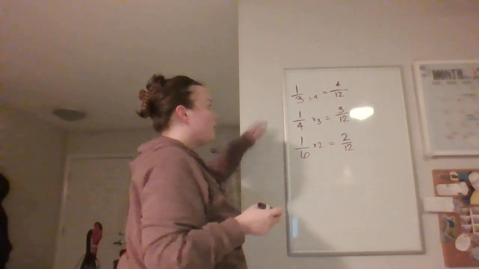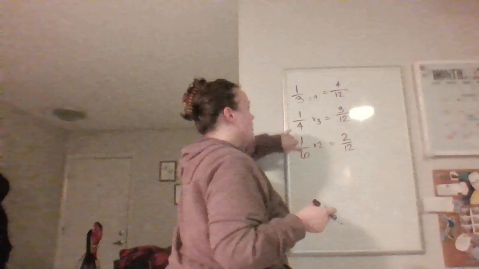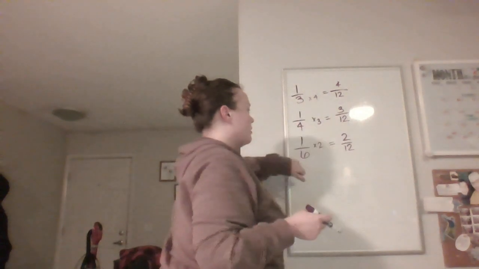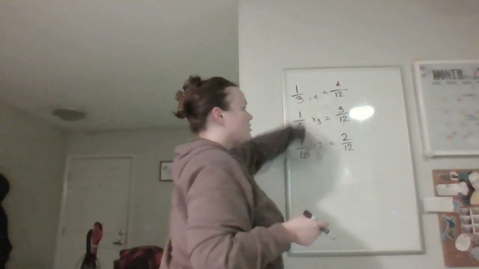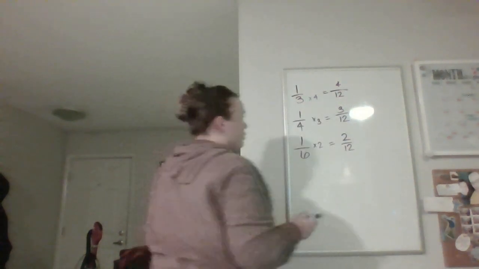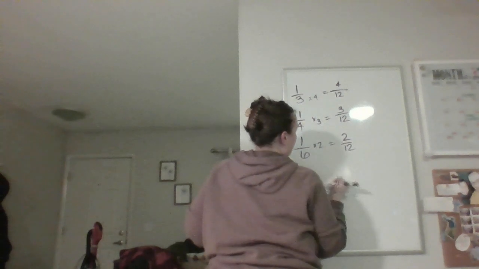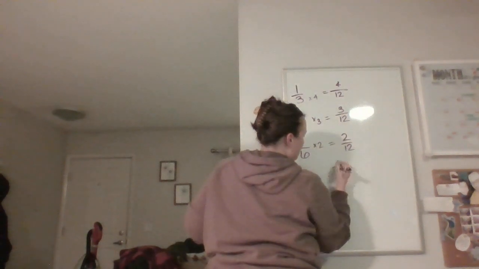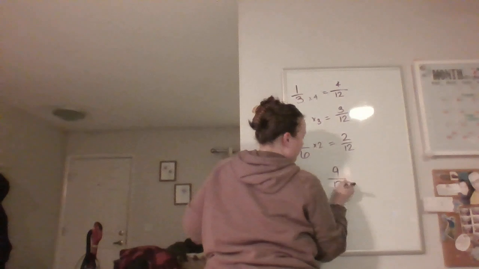So then we have 1/3 turns into 4/12, 1/4 is 3/12, and 1/6 is 2/12. Then we can just add the numerators. So 4 plus 3 plus 2 is 9 over 12.